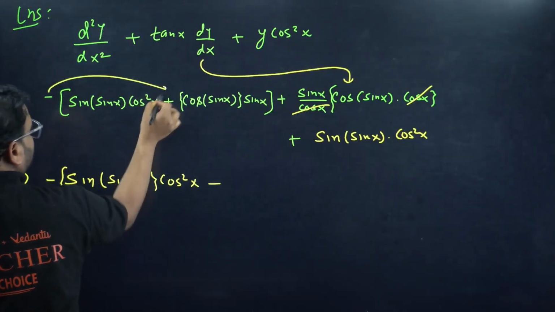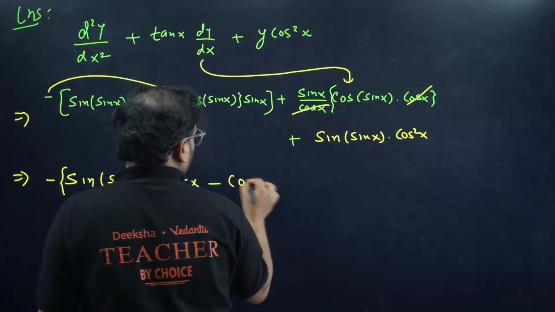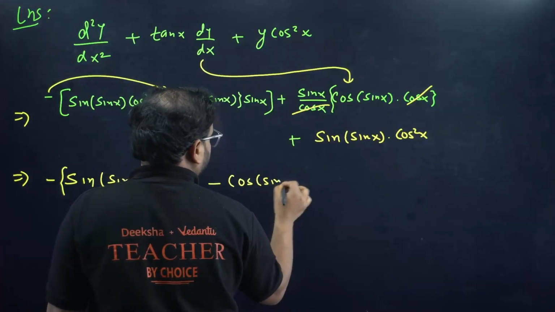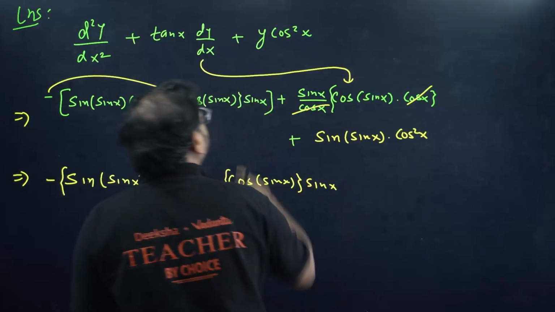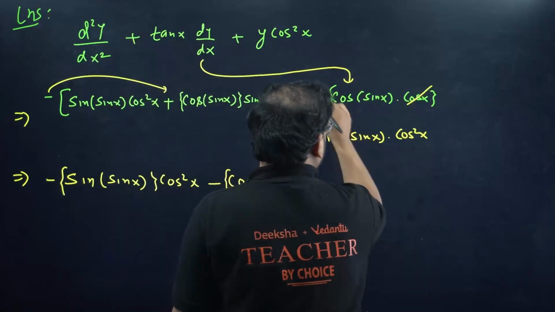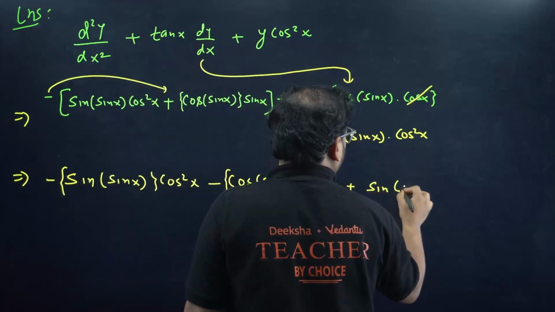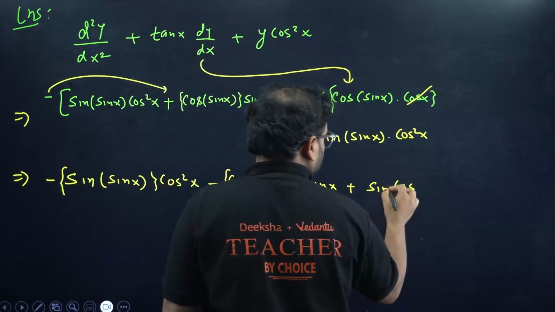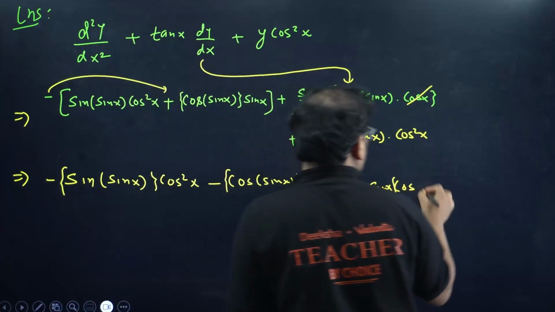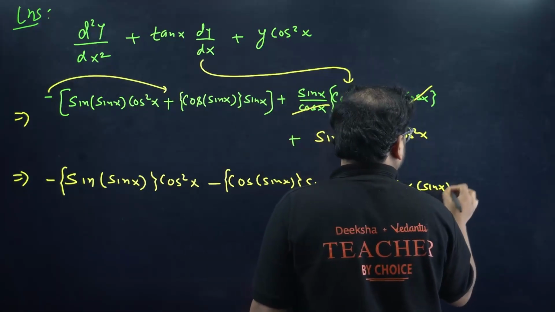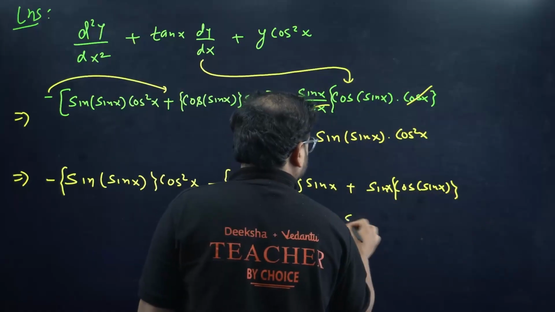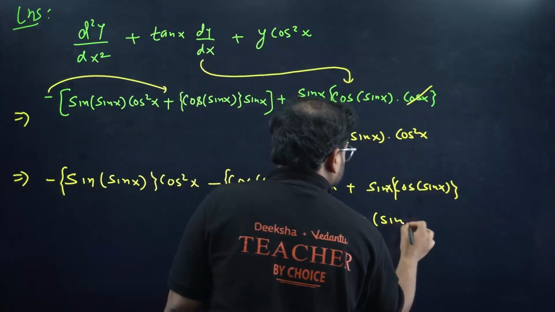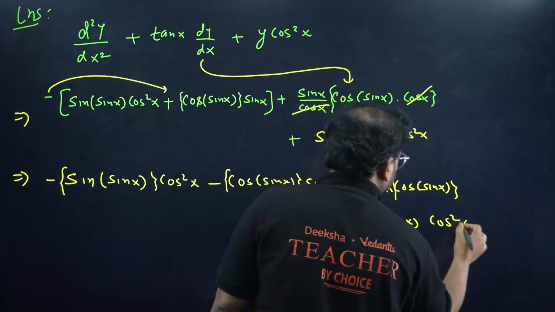This minus will also act on this minus, so it will become minus cos of sin x into sin x. Over here we have sine multiplied with this, so sin x into cos of sin x. And the last one is plus sin x into cos square x.